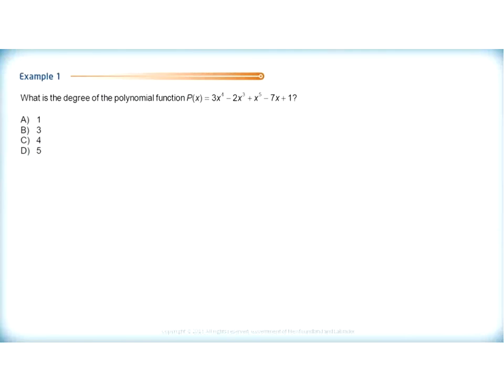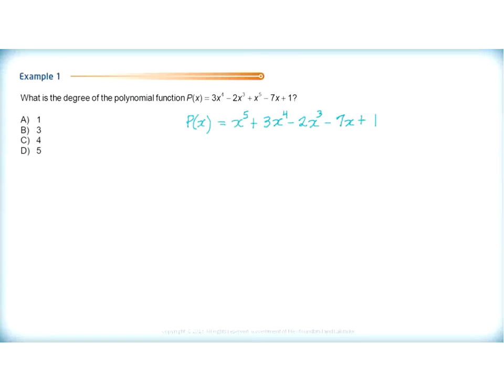In the first example, what is the degree of the polynomial function p of x equals 3x to the 4 minus 2x cubed plus x to the 5 minus 7x plus 1? I suggest at this point that you put the polynomial in descending powers of x, so that your leading term would be x to the 5 plus 3x to the 4 minus 2x cubed minus 7x, there's no quadratic term there, plus 1.